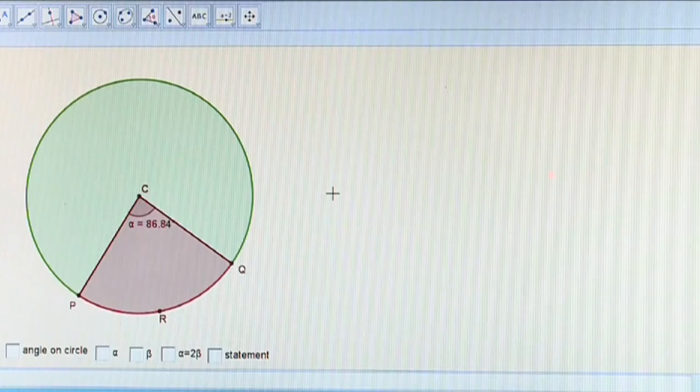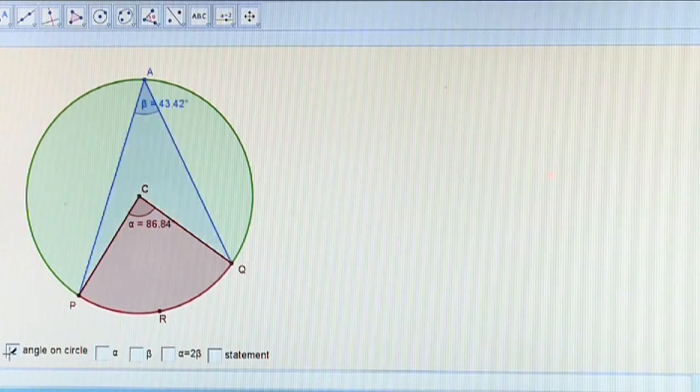Let me make angle on the remaining part of the circle. The angle is angle PAQ. Observe the measures of central angle and the inscribed angle. Do you notice anything? Look, central angle is double of the inscribed angle.